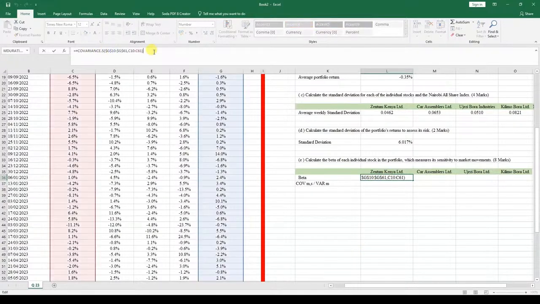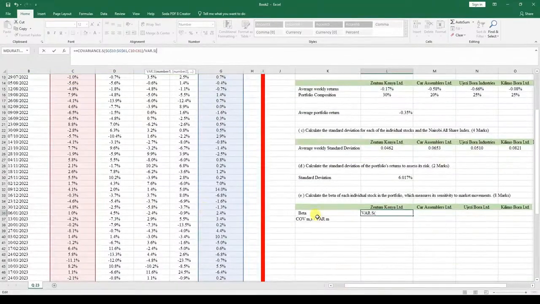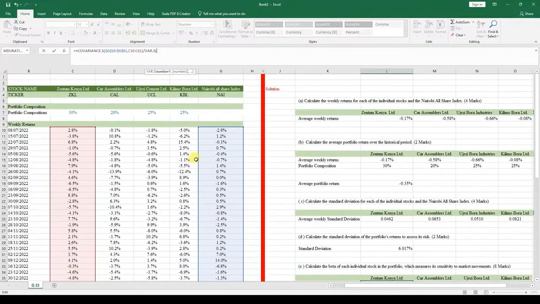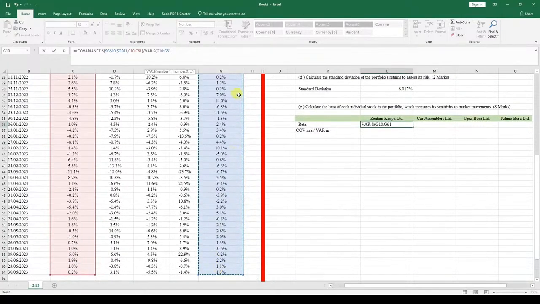Then we continue and say divided by the variance, not VAR.P but VAR.S, sample variance of the market. So we pick the variance of these values here and we lock it. So we press F4 like that and we close the brackets.